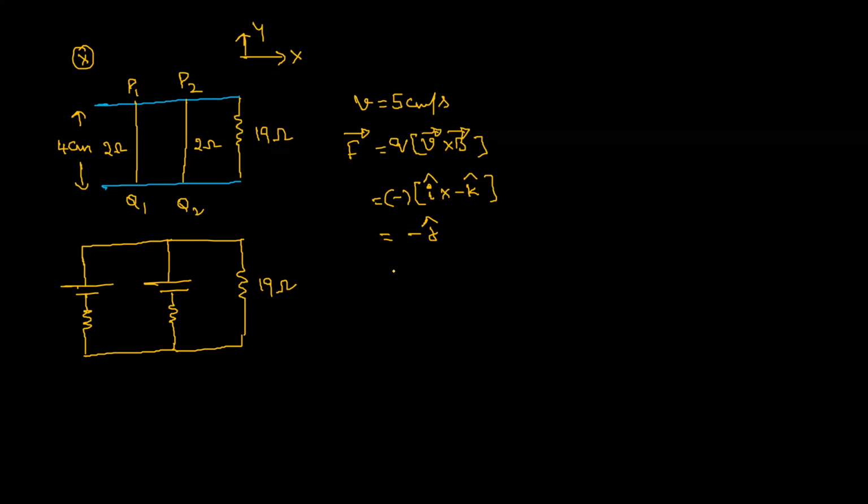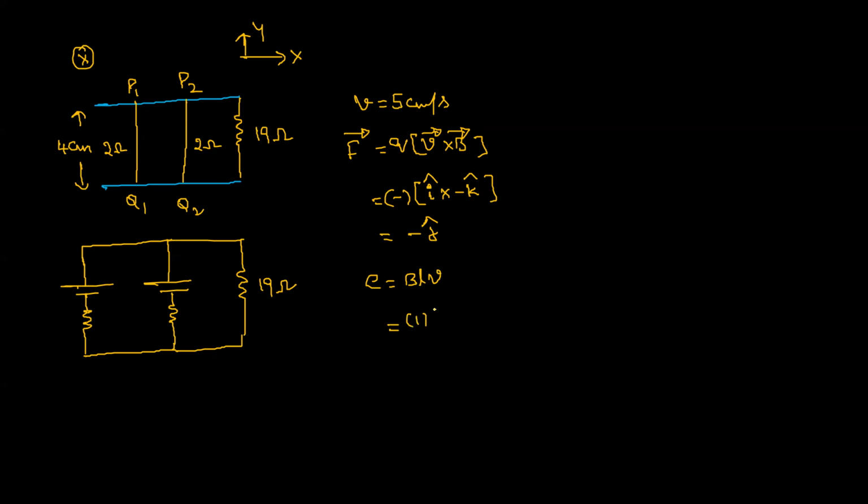And see what the induced EMF is. That is equal to L bar dot V bar cross B bar. You can see L bar, V bar and B bar are all three mutually perpendicular. So its value is B L V, right? Substitute values in that.